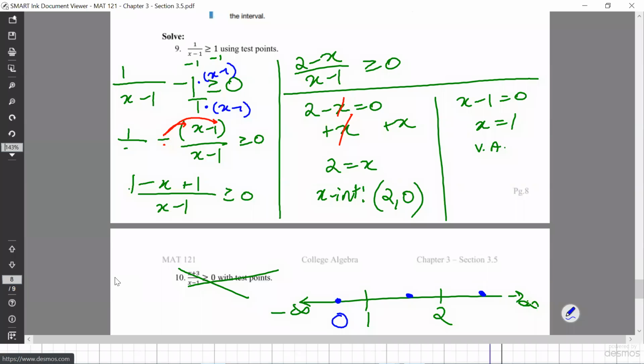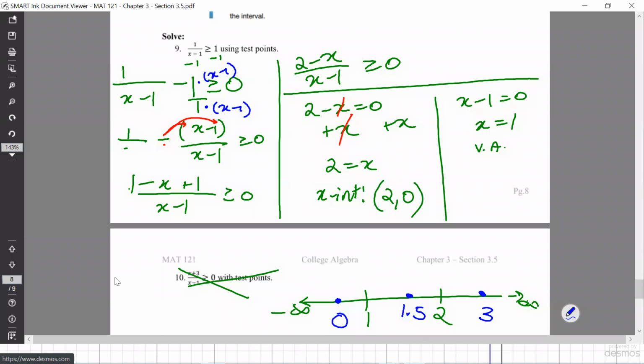Between 1 and 2? You are going to have to go with a decimal or a fraction because there is no whole number in there. If you want to put it in decimal form, you can do 1.5. And then between 2 and positive infinity, 3 works.